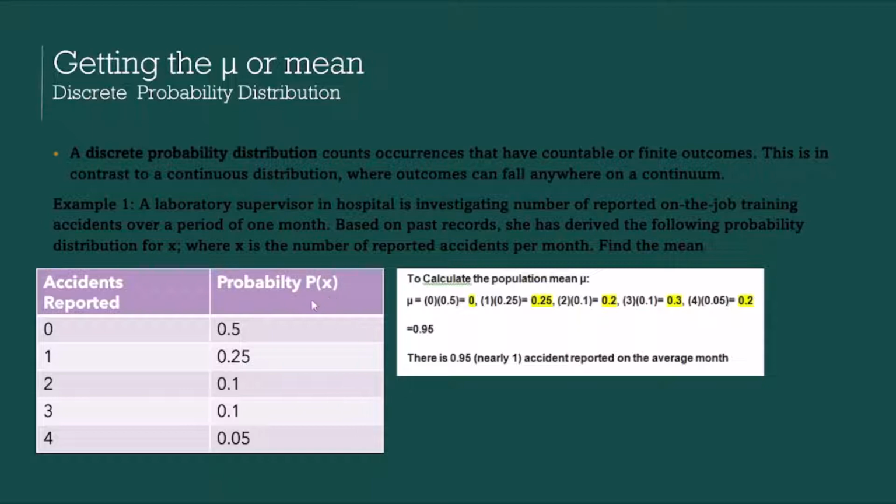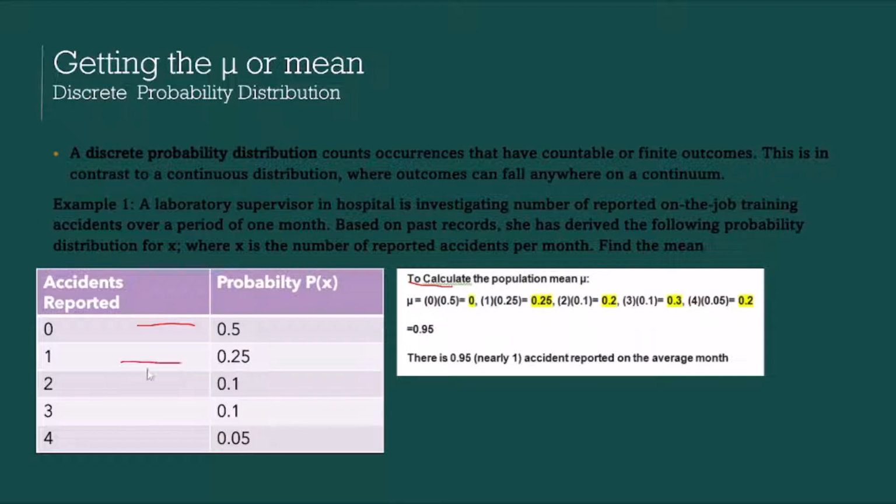In order to calculate the population mean, it's as simple as multiplying the accident report, starting from zero, by its probability. We multiply them, and when we get the answer, it's zero.